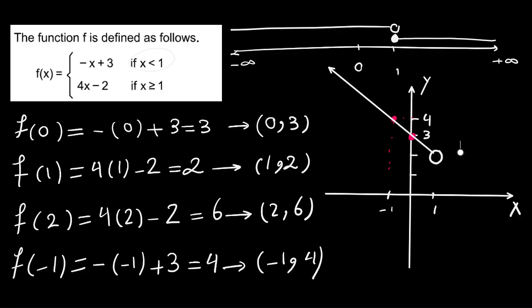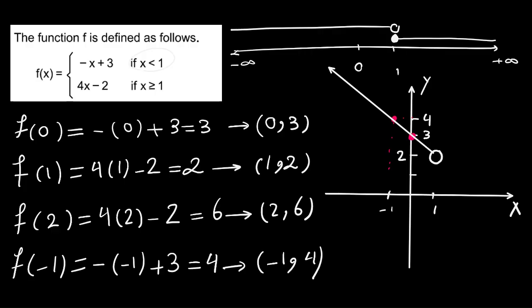Okay? This is one part of this piecewise function, for x less than 1, and as you see there is a hole here and the point 1 and 2 is not included.